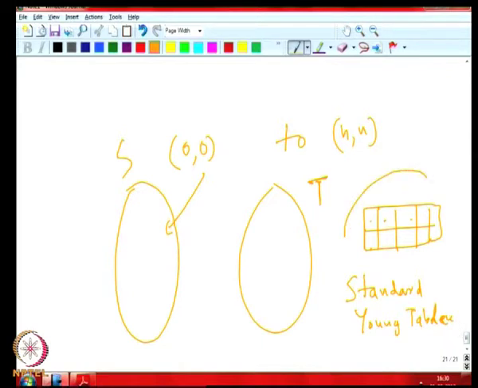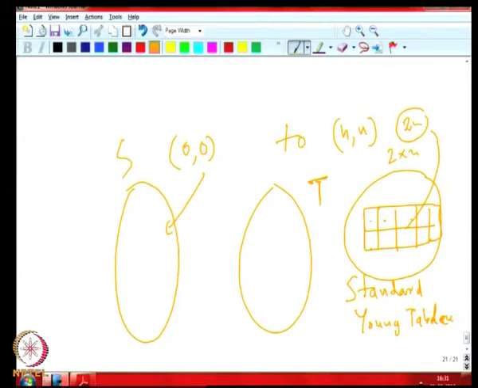So, the number of standard 2 by n Young tableaus will be equal to the number of northeastern paths from 0 0 to n comma n such that it never crosses the main diagonal, never goes above the main diagonal.